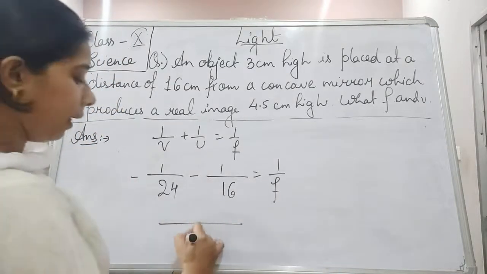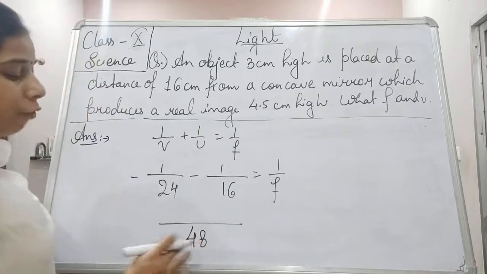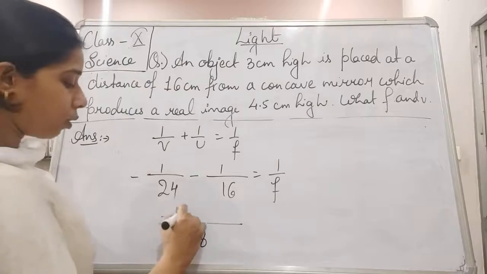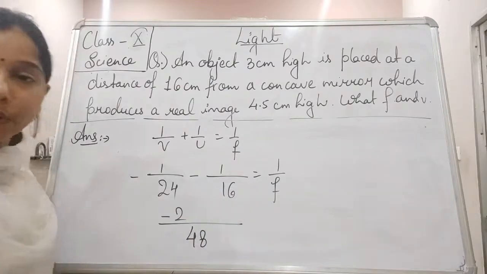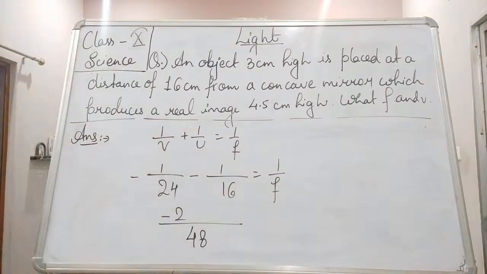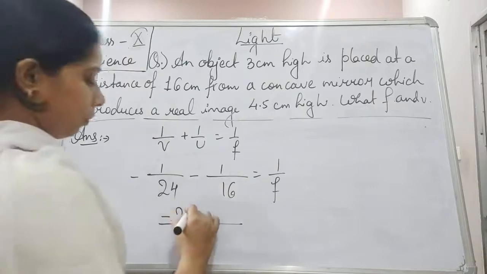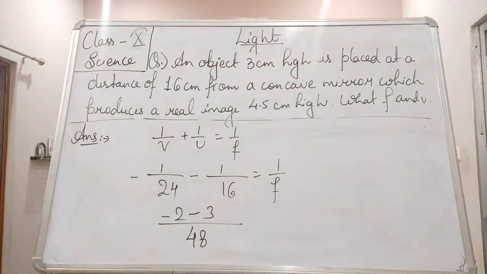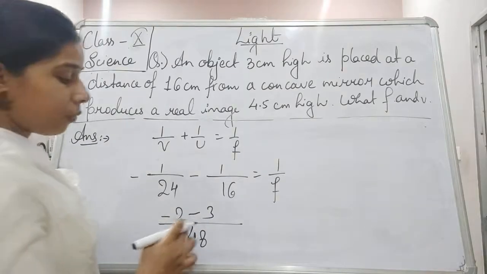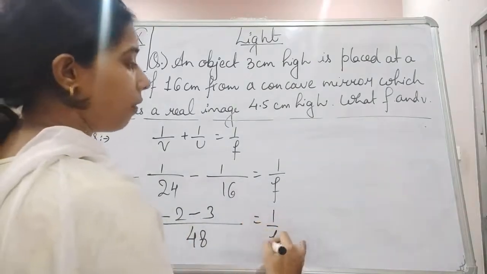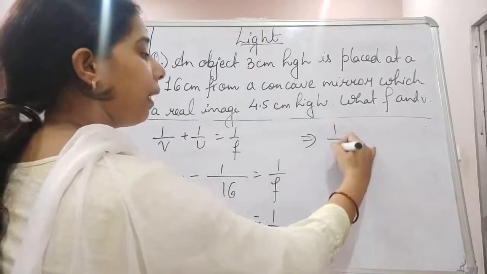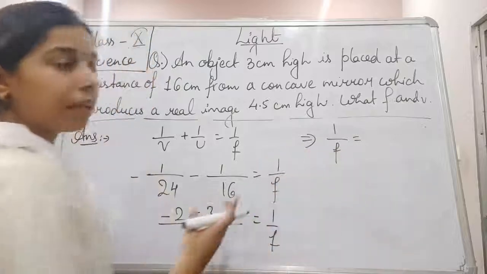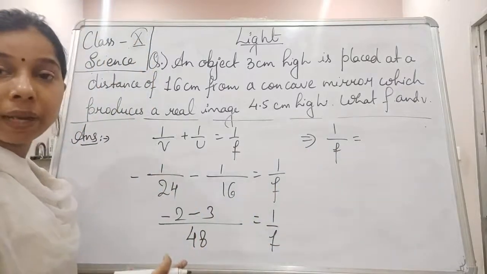LCM will be 48. Now when you divide 24 by 48, it will become 2 times and it will become minus 2. And when you divide 16 into 48, then you will get minus 3. Right? Minus 2 and minus 3. Now this minus will become plus, equal to 1 by f. So 1 by f will be equal to minus, plus. So 3 plus 2, 5. But you know that the sign will remain minus only.